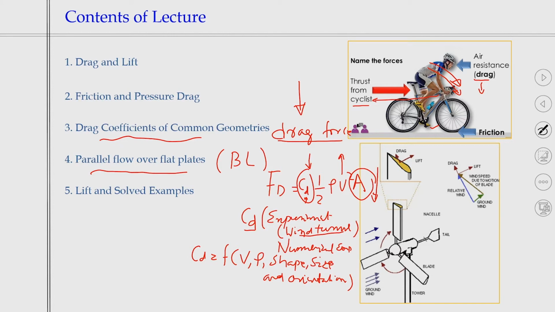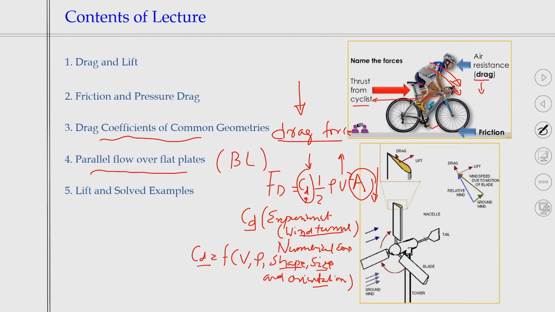He can practice so well that he can reduce the frontal area. He wears clothes fitting closely, and leans in such a way that it reduces the frontal area, and the shape and size and orientation determine how CD varies.